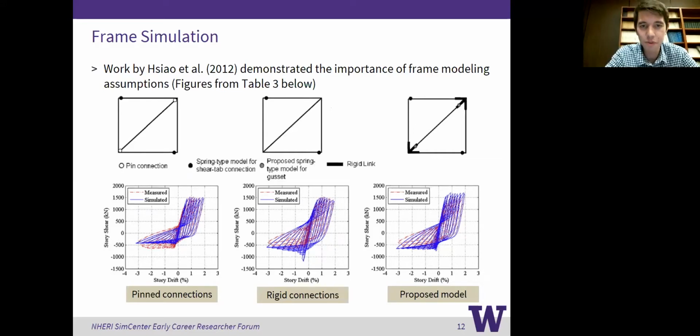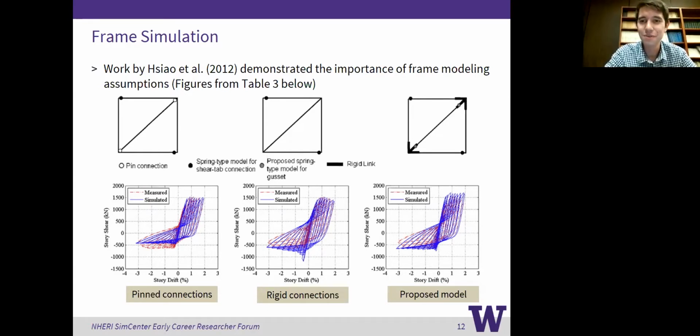So if you are able to look at this paper by Uriz in 2012, he does give pretty clear recommendations on the size of the rigid offsets for the beams and columns, and clear recommendations on how to formulate that gusset plate rotational spring and what parameters you should be using. It's really just based on mechanics for the gusset plate and the Whitmore width of the gusset plate. So it's relatively straightforward and backed by physical behavior.